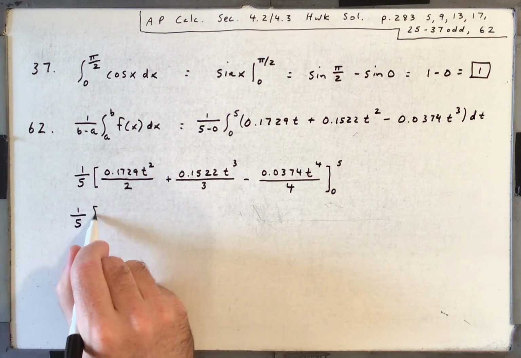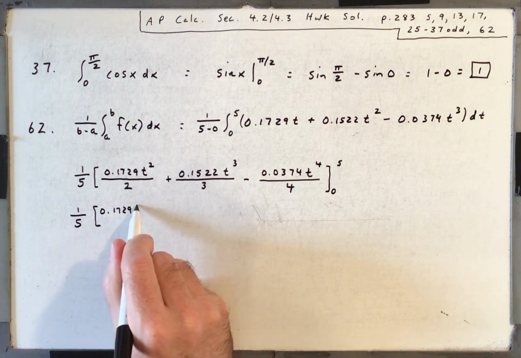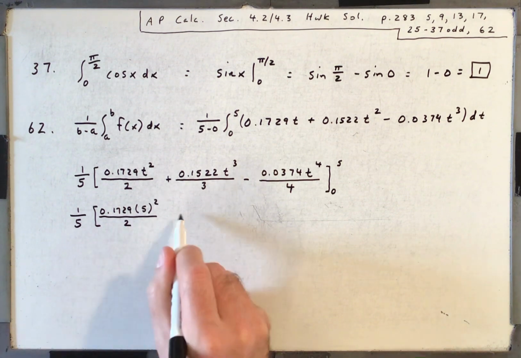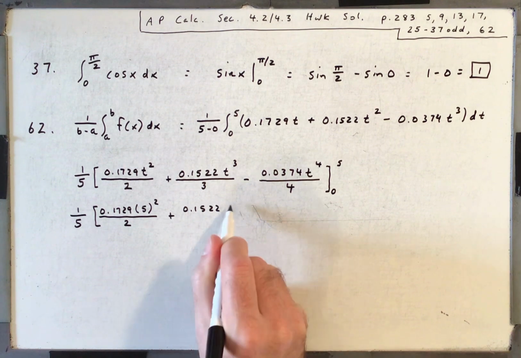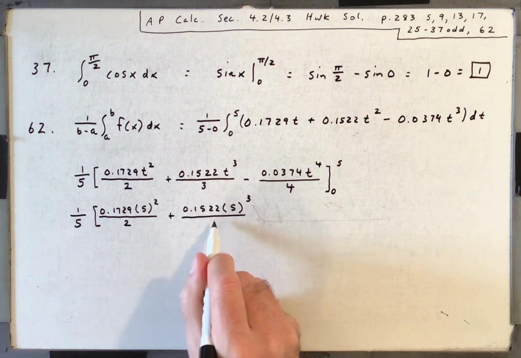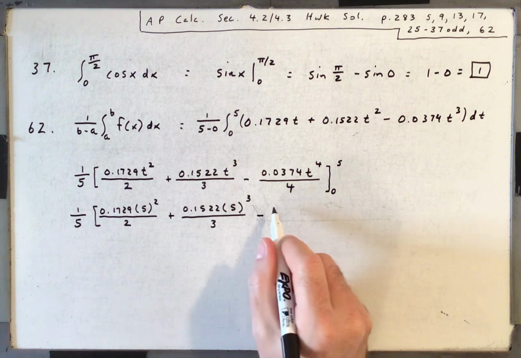So that's going to be 1/5 times 0.1729 times 5 squared over 2 plus 0.1522 times 5 cubed over 3. And this would be easy to mess up in your calculator.